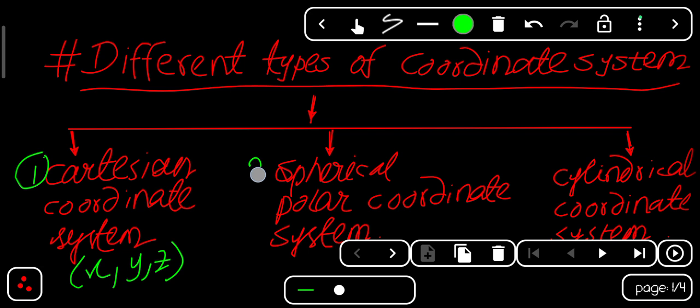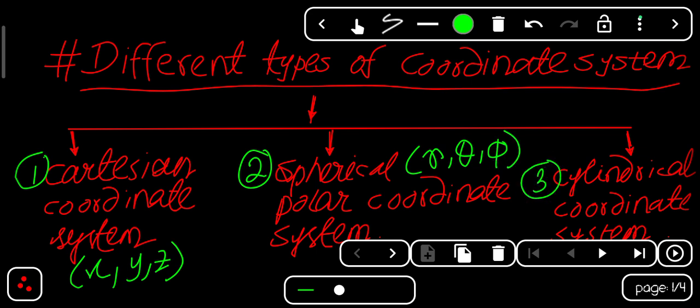Next, the spherical polar coordinate system, where the coordinates can be expressed as r, theta and phi. And number 3 is the cylindrical coordinate system, where the coordinates can be expressed as rho, phi and z.